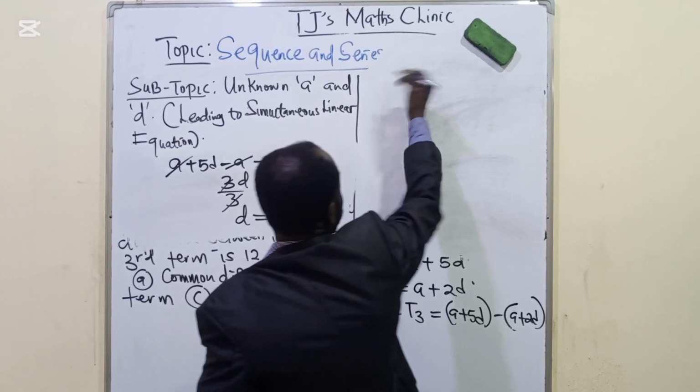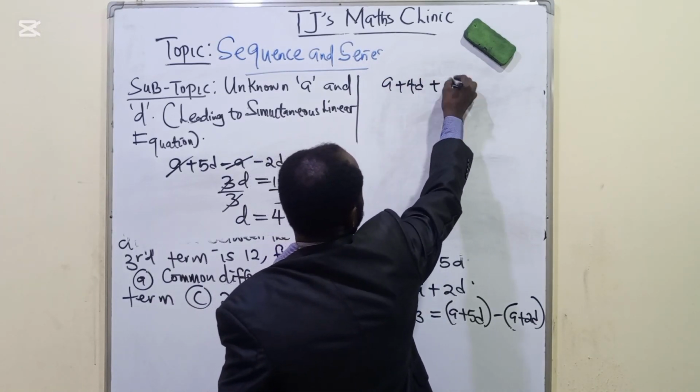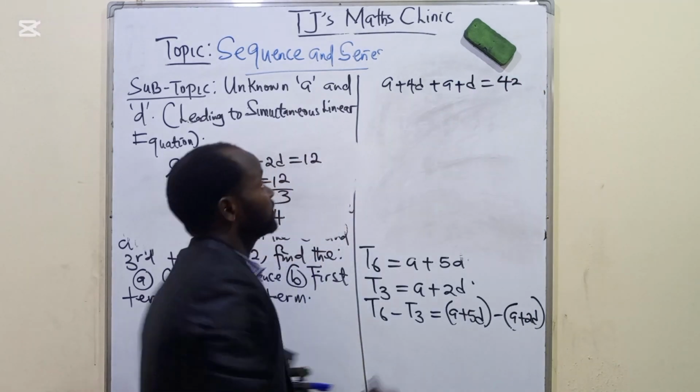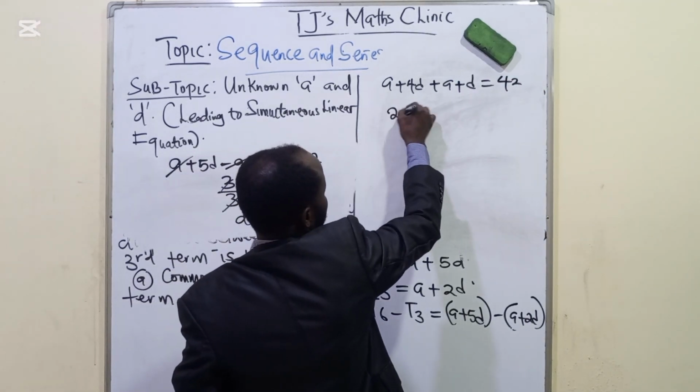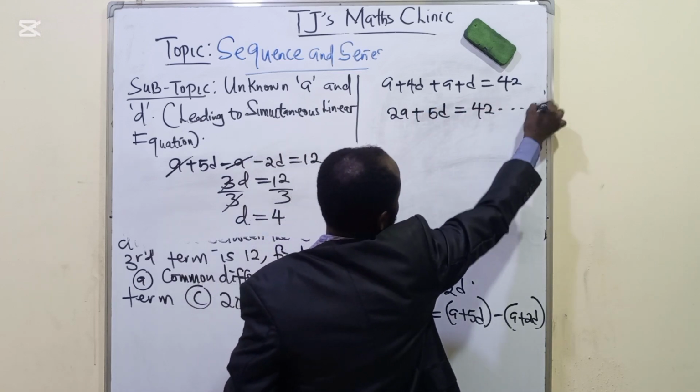So let me write it here. Fifth term and the second term, that's A plus 4D plus A plus D is equal to 42. Let me write it. That's 2A plus 5D equals 42. This is our equation 1.